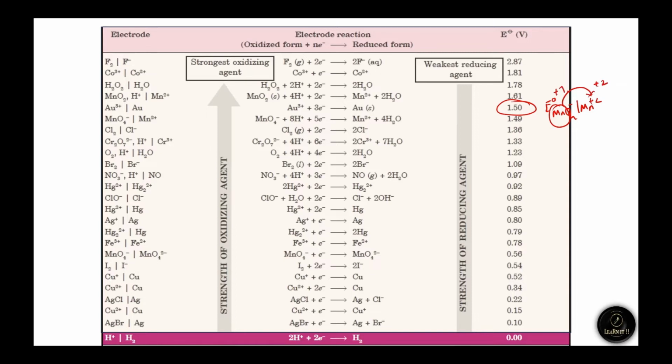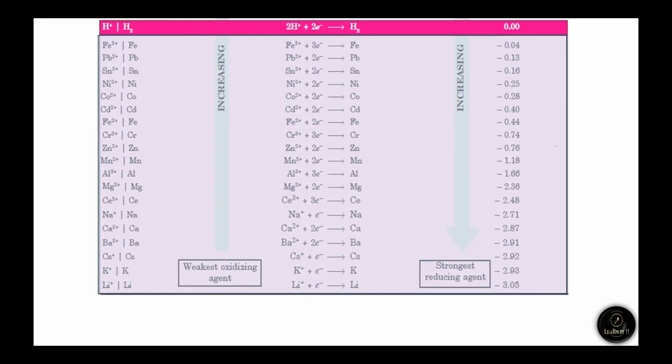Plus 7 to plus 2 means it is a reduction, with acceptance of 5 electrons. So if they give E of MnO4 minus to Mn plus 2, it is the standard reduction potential. Its value is 1.49.